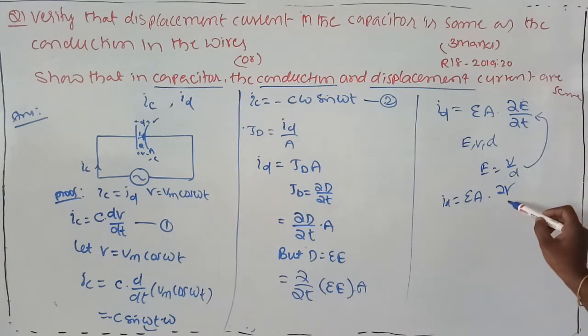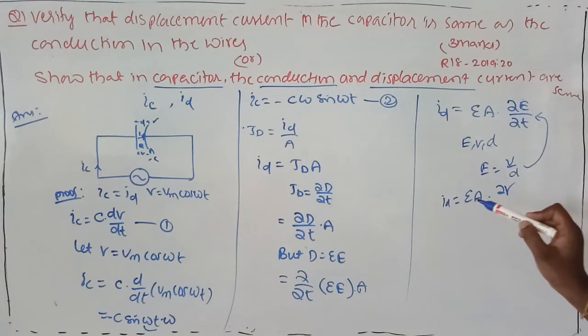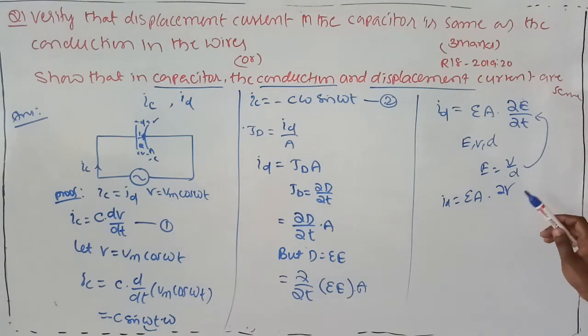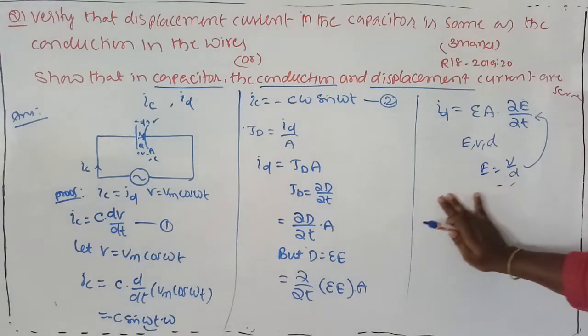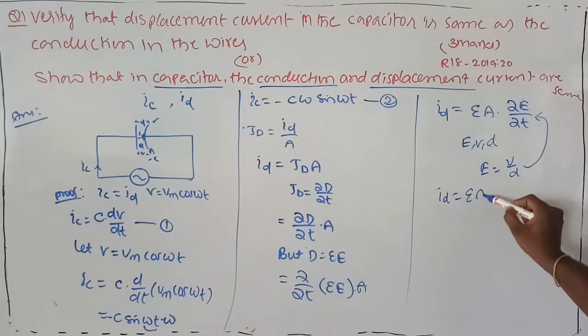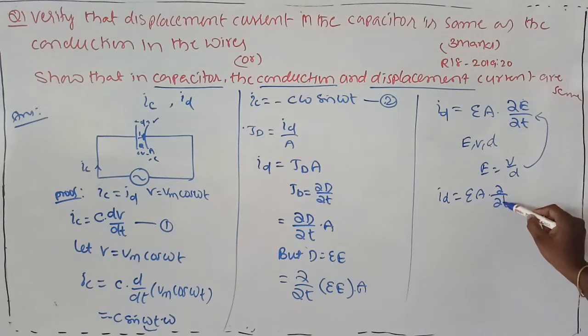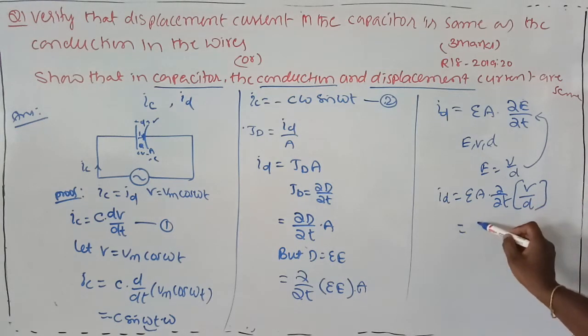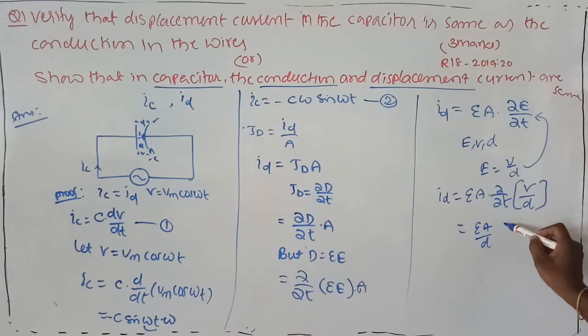Okay, so ∂V by... Just write this expression: i_d is equal to epsilon A ∂/∂t of V by d, so that we may not get confused here. D is a constant, so epsilon A by d and ∂V by ∂t.